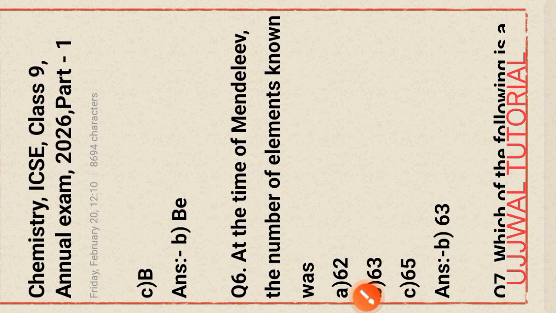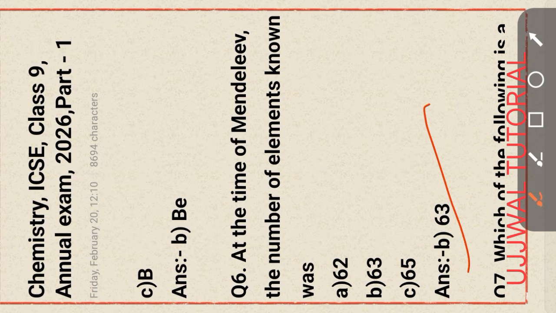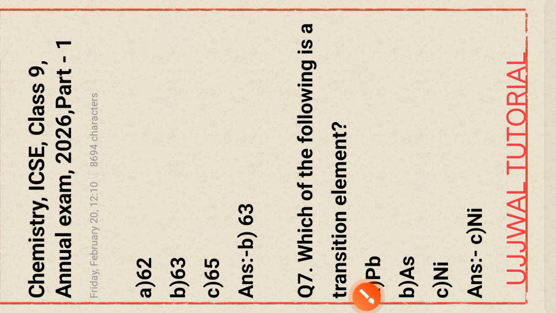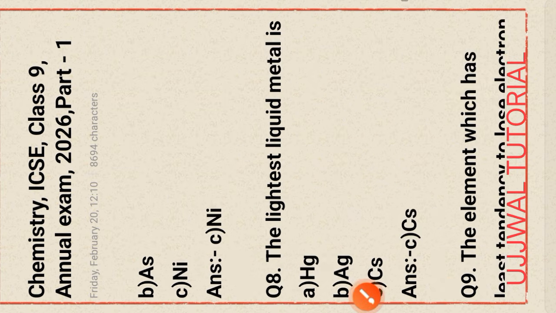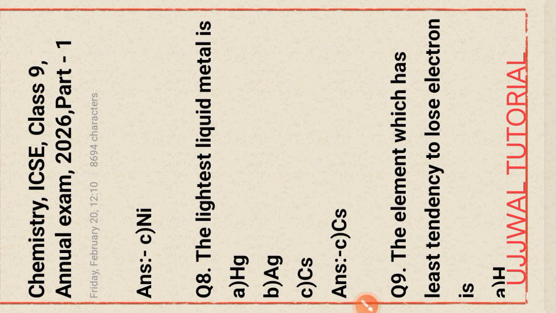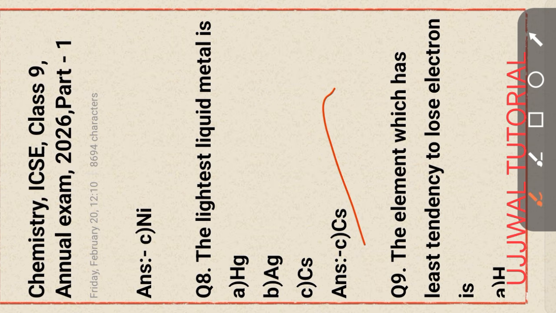At the time of Mendeleev, the number of elements known was 63. Which of the following is a transition element? That is nickel. The lightest liquid metal is cesium, Cs.